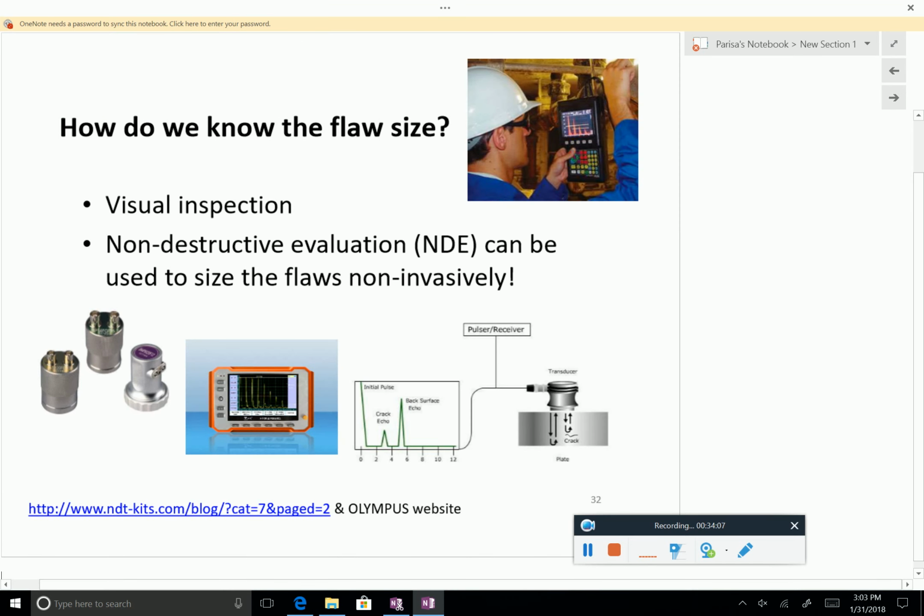It turns out that there are ways to measure the size of the cracks. Unfortunately, in civil engineering, the state of practice is the field visual inspection. I don't know if any of you has worked for 10 years as an inspector. Yes, just visual. So basically, people go and look at this.